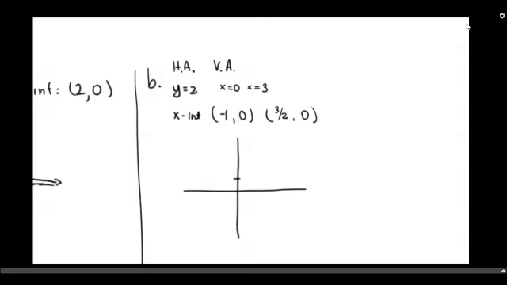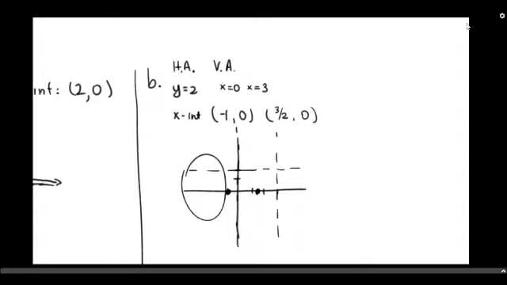Got a horizontal asymptote up here at 2. Vertical asymptote at 0, that's right through the y-axis, and 3. And x-intercepts at -1 and 3/2, or 1.5, which is right there.